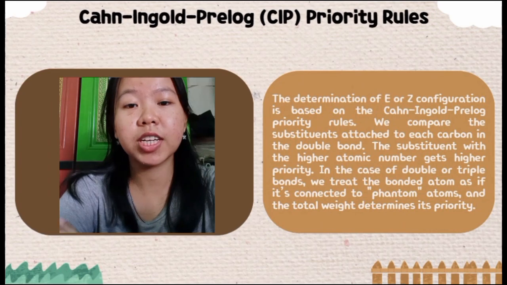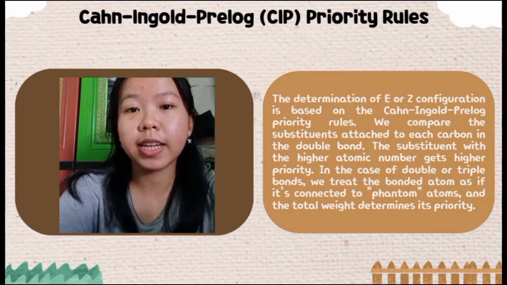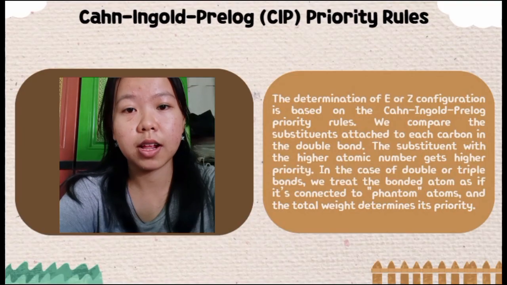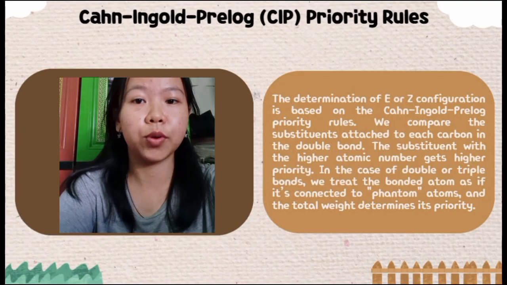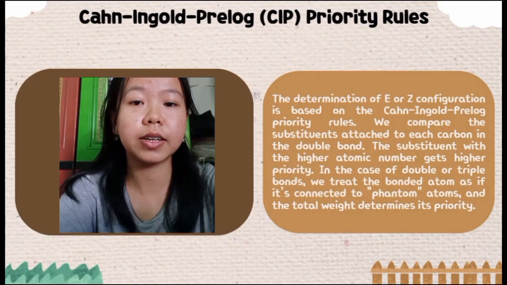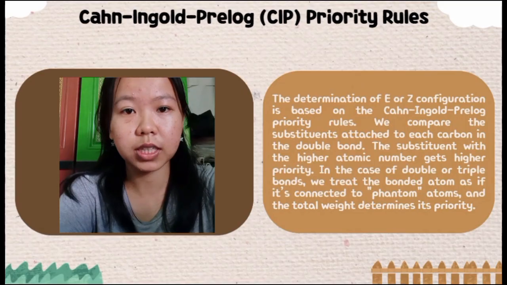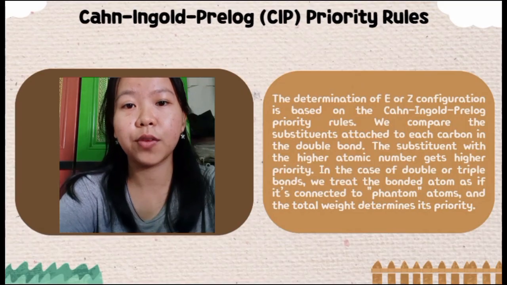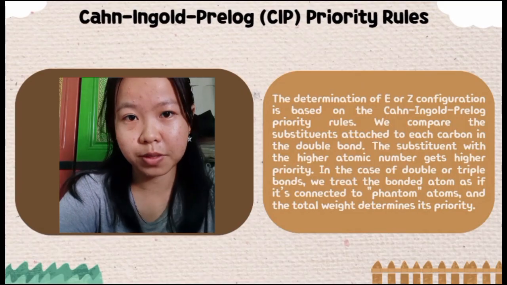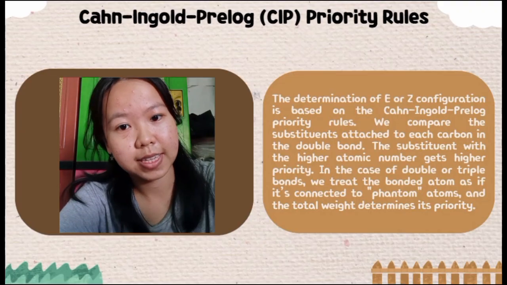So, the determination of E or Z configuration is based on the Cahn-Ingold-Prelog priority rules. We compare the substituents attached to each carbon in the double bond. The substituent with the higher atomic number gets higher priority. In the case of double or triple bonds, we treat the bonded atom as if it's connected to phantom atoms, and the total weight determines its priority.